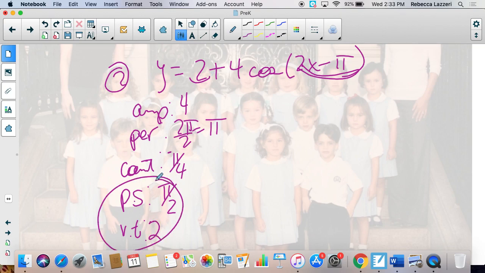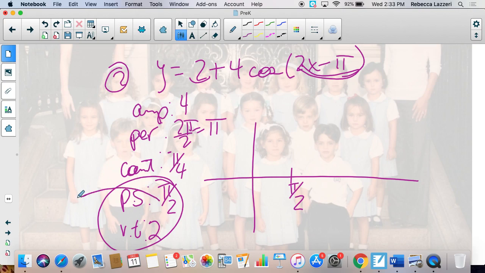This is your new starting place. You will add to this. I think everyone on this page either shifted to the right or not at all. We'll have some that also shift to the left, okay? All right, so I'm going to go to pi over 2. And I'm going to count forward 1, 2, 3, 4.